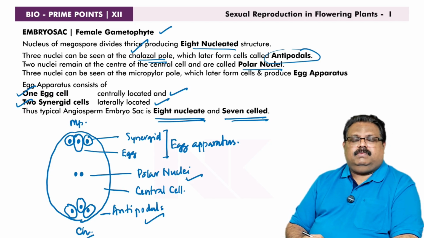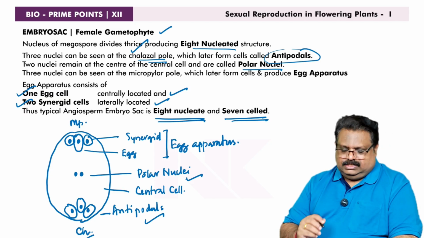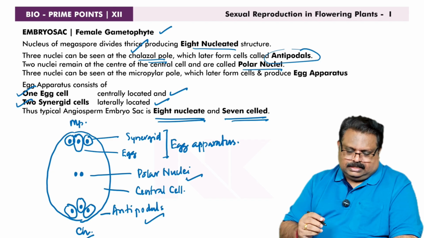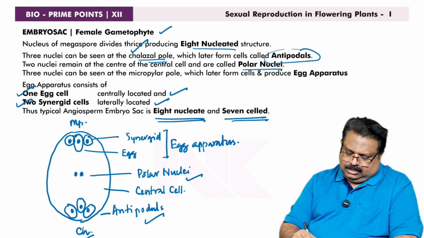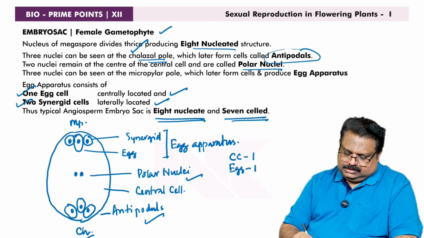Thus, a typical angiosperm embryo sac is 8 nucleate and 7 celled. That's a very important statement. 8 nuclei, but only 7 cells. Why are there only 7 cells? Which are the cells? 1 central cell, 1 egg cell, synergids 2, antipodals 3.